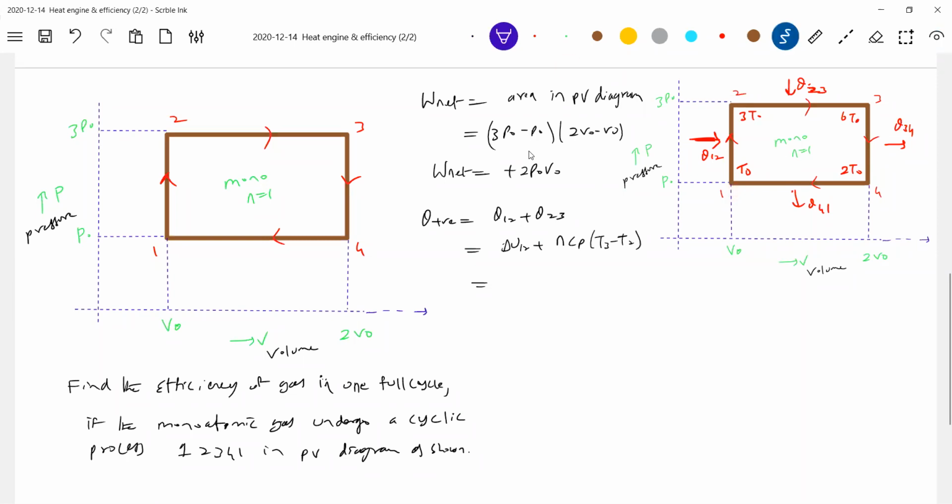At 1, what is the pressure? P naught V naught equals R T1. So T1 is equal to how much? P naught V naught by R, which is equal to T naught. Next, at 2, 3 P naught V naught equals R T2.